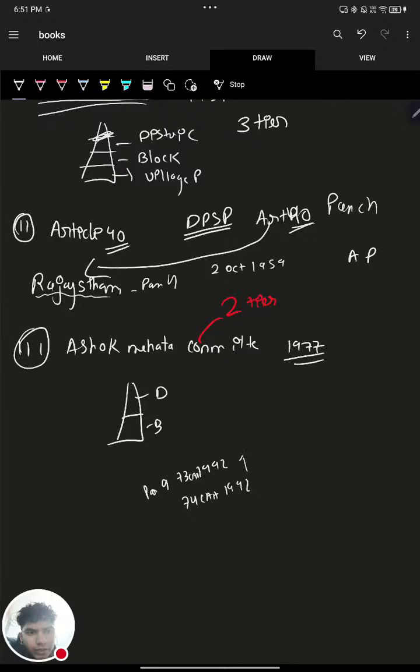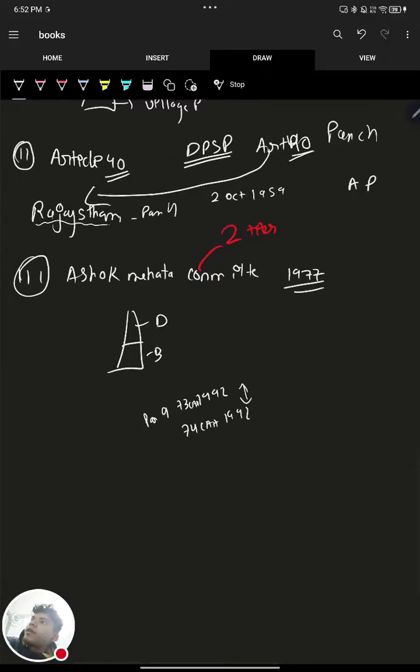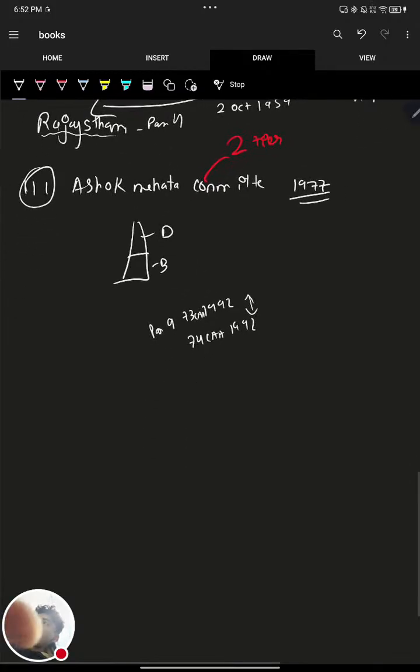So there is a relation here: first there is panchayat, then municipality. The collective of panchayats would be your municipality, in a basic sense.